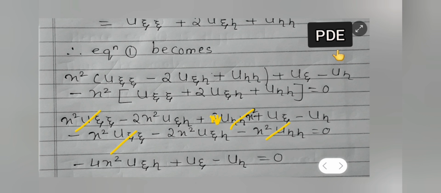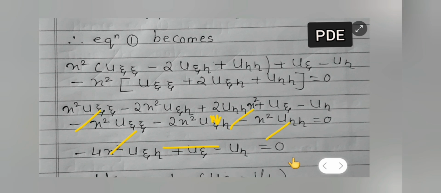What remains is this and this part. So minus this and minus this, you are adding it: 2 plus 2 is 4x square u_xieta plus whatever is remaining over here. This is equal to 0.